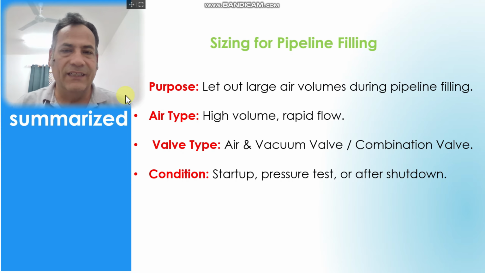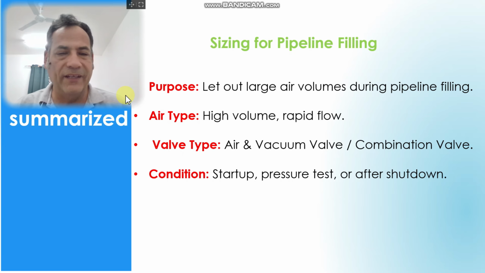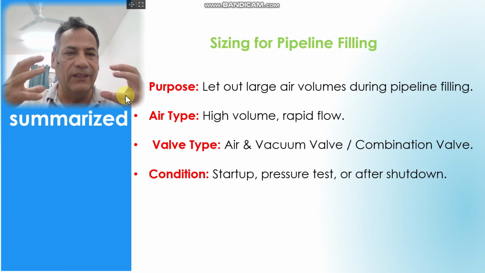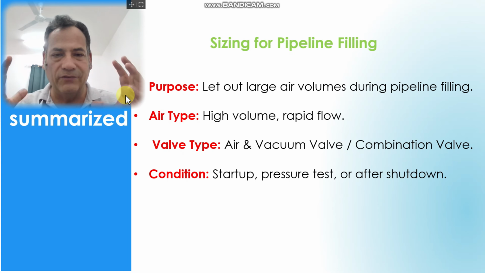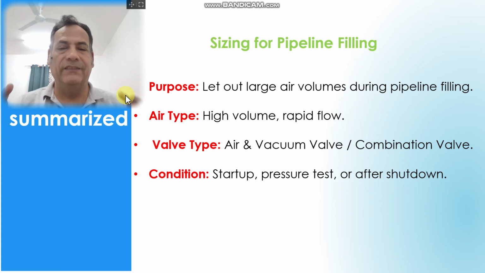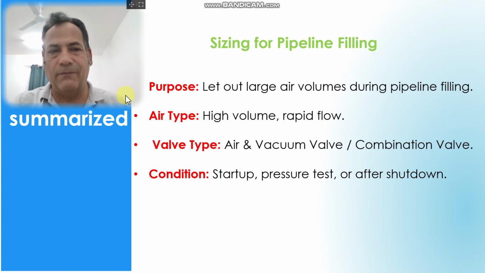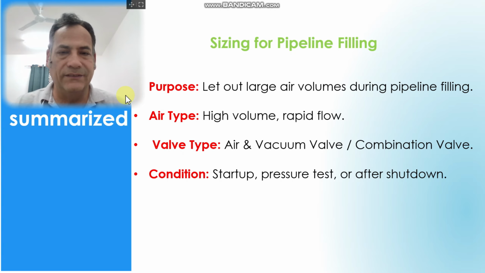The purpose is to let out large amounts of air during pipeline filling, because whenever you want to fill the pipe, we have a large amount of air, and we need to release all of this air, and for this reason we need to put a proper air valve.